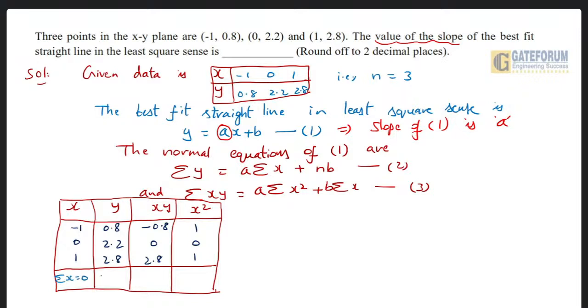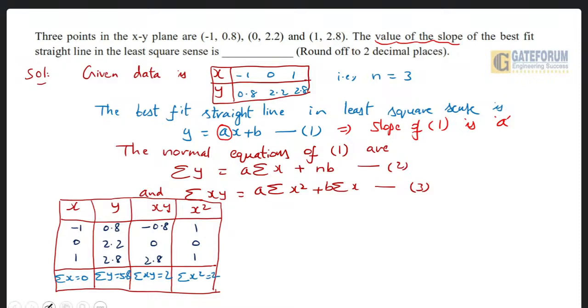Sum of these three values denoted by sigma y. This is 5.8. Okay. Next, this is summation of all products xy, sigma xy. This simplifies to 2. Summation x square simplifies to 2. Okay.